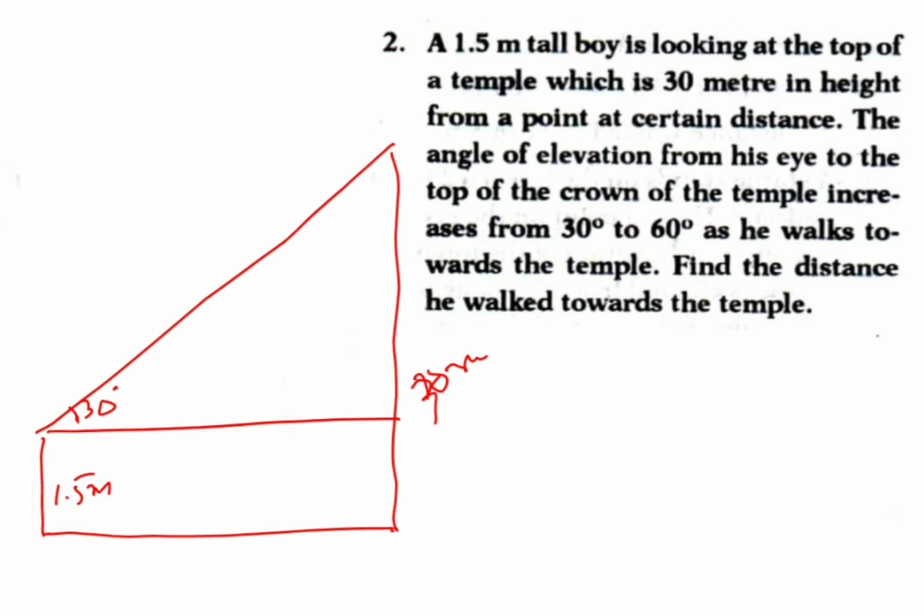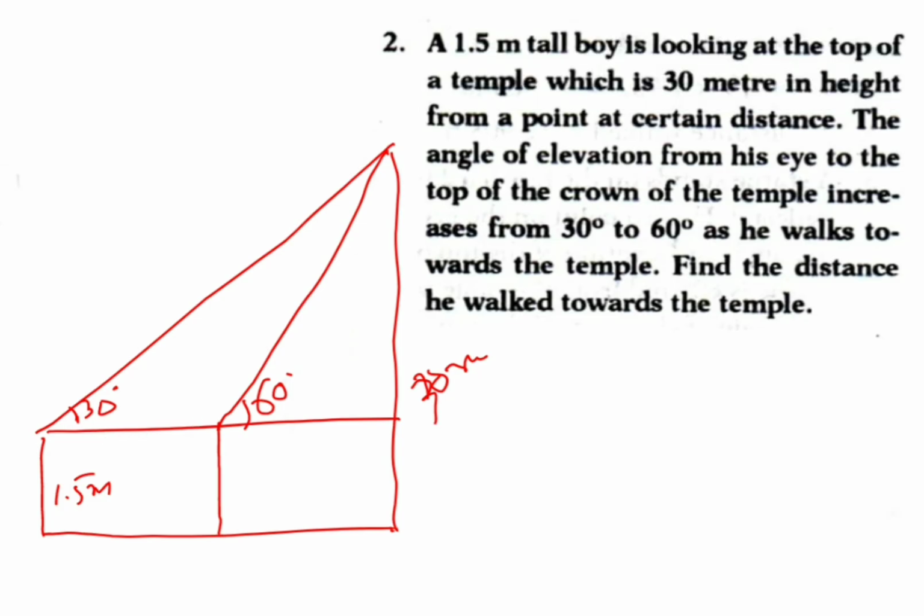And he moves towards the temple a certain distance, and the angle of elevation becomes 60 degrees. Find the distance he walked towards the temple. We need to find this distance.